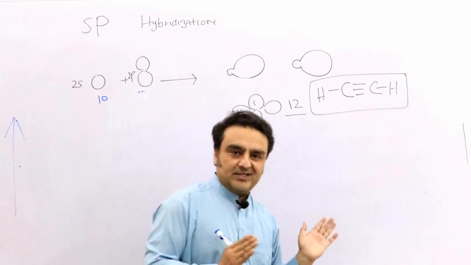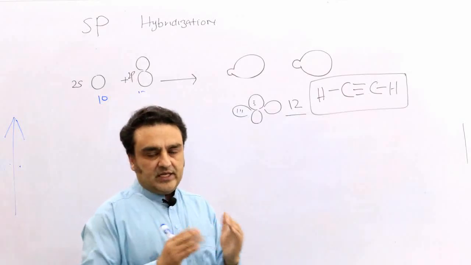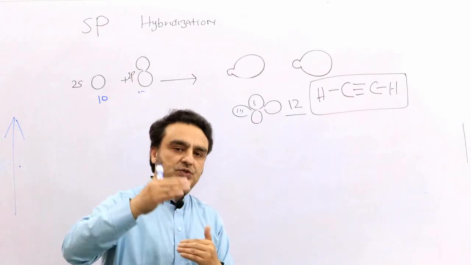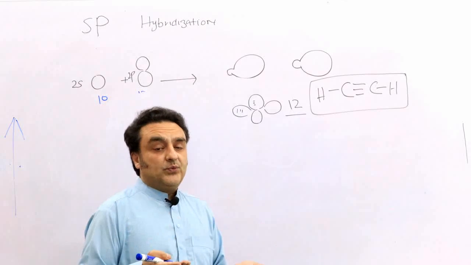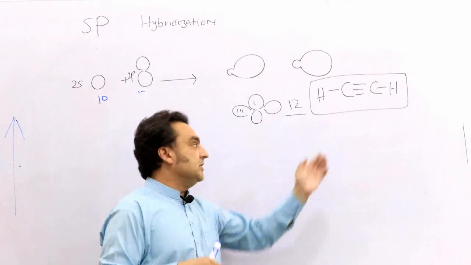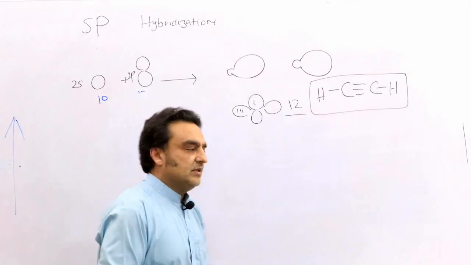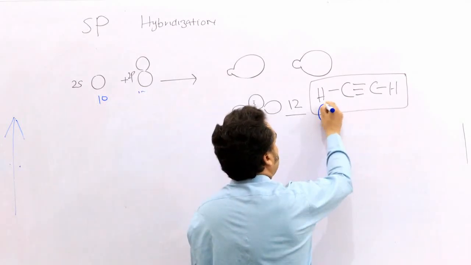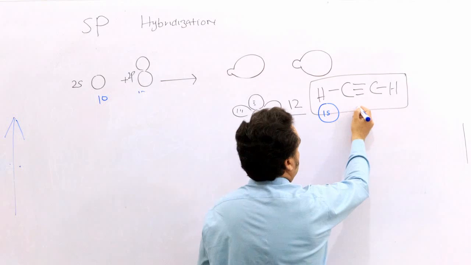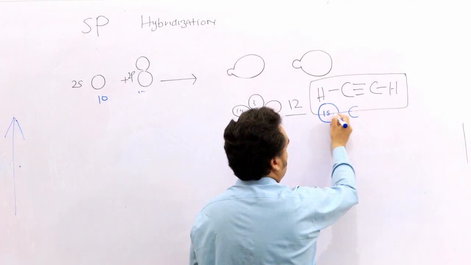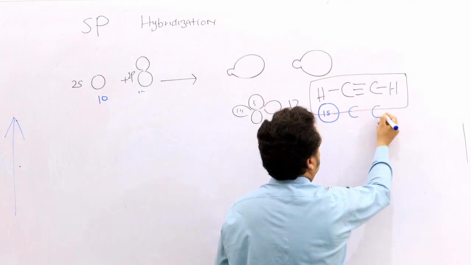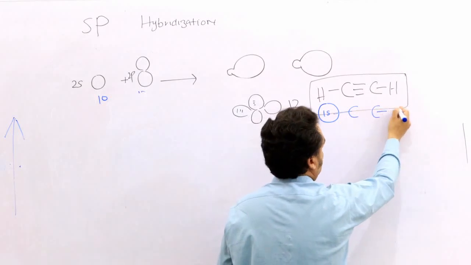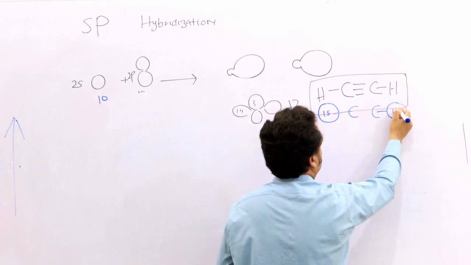It is not hybridized, though in some advanced courses you can discuss which orbitals the hydrogen actually shares, but for right now we say that this is the 1s of hydrogen, and this is the hybridized orbital of carbon which is linked.